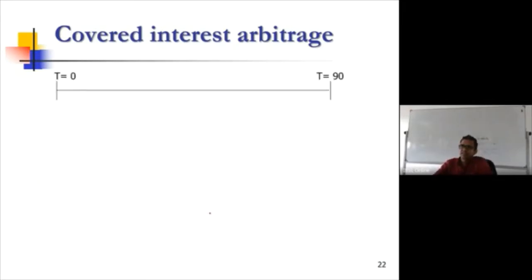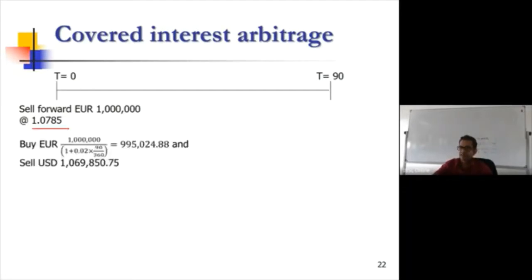Again, I'll put it into numbers. Sell forward euro 1 million at 1.779. This is the market rate. Then buy euro, again only the present value, not the amount that you sold or bought in the forward market. Only the present value of that. So buy euro, the present value of the forward contract, and sell dollars.